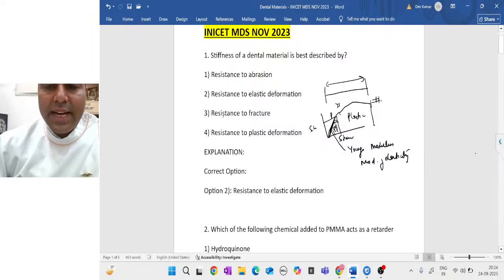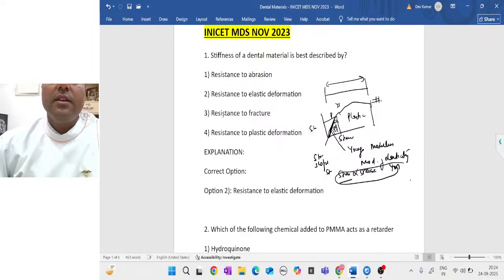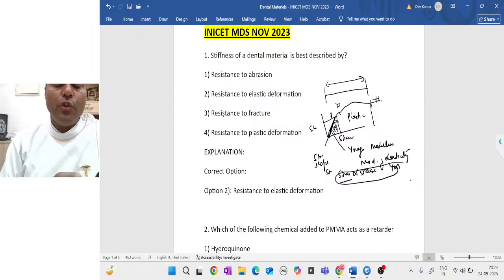It is described by the slope of the straight line of the graph between stress and strain. So we can say when stress is directly proportional to strain, stress upon strain will give you the value of Young's modulus.